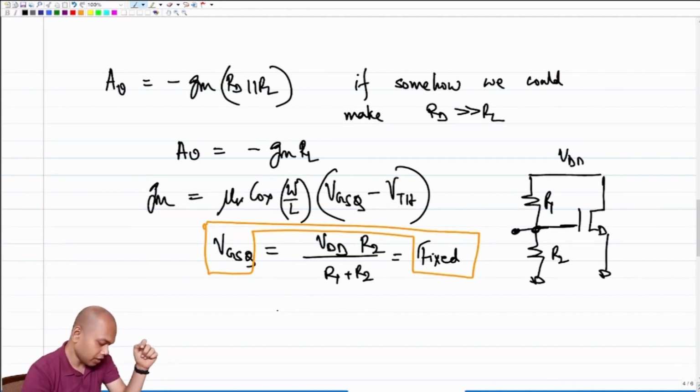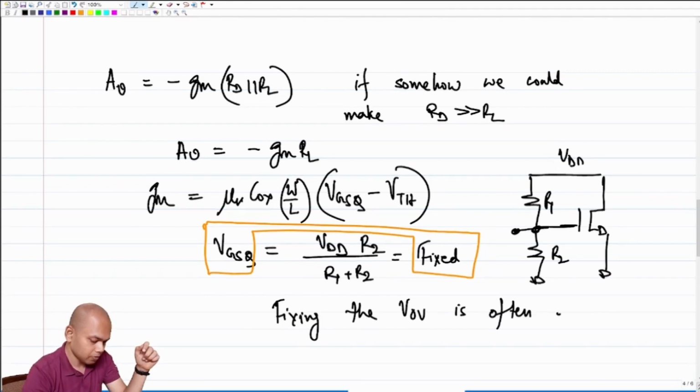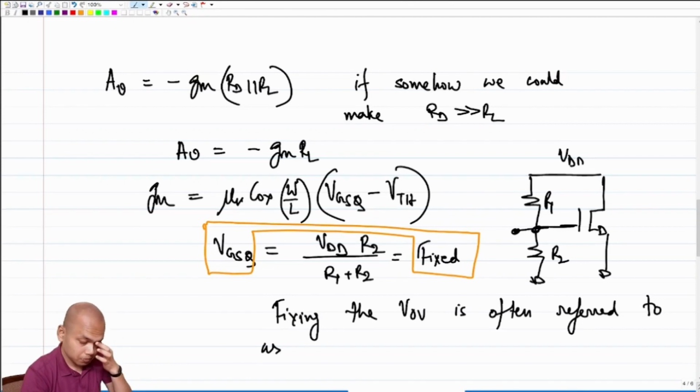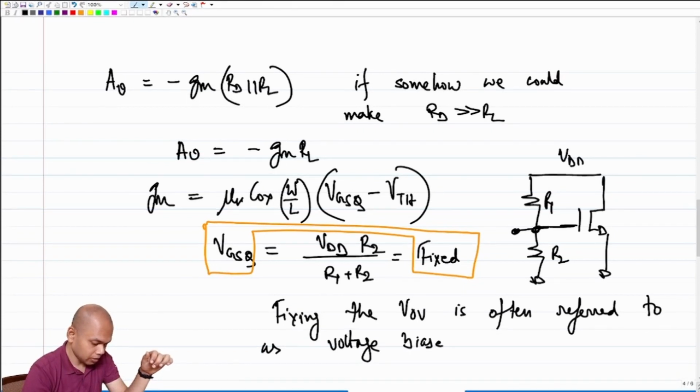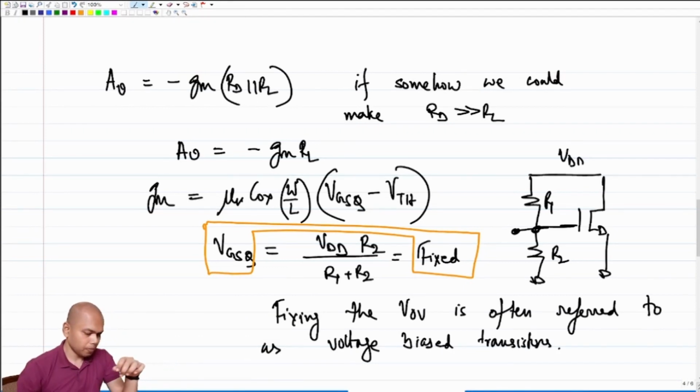This fixing of the overdrive is often referred to as voltage biased circuits, voltage biased transistors.